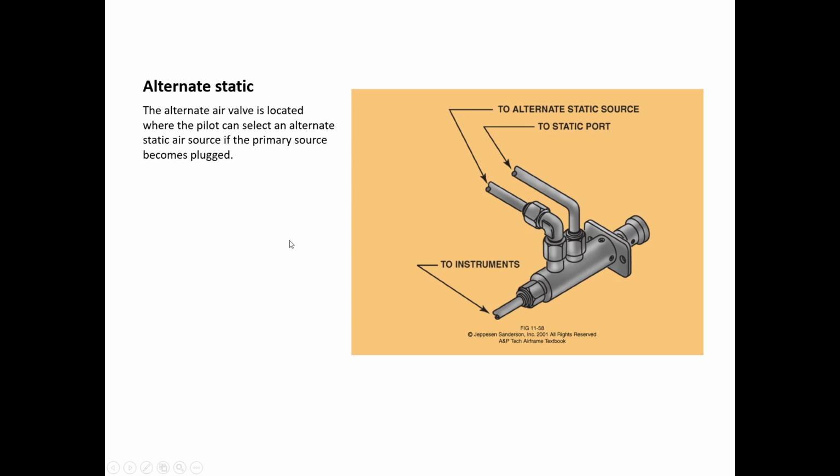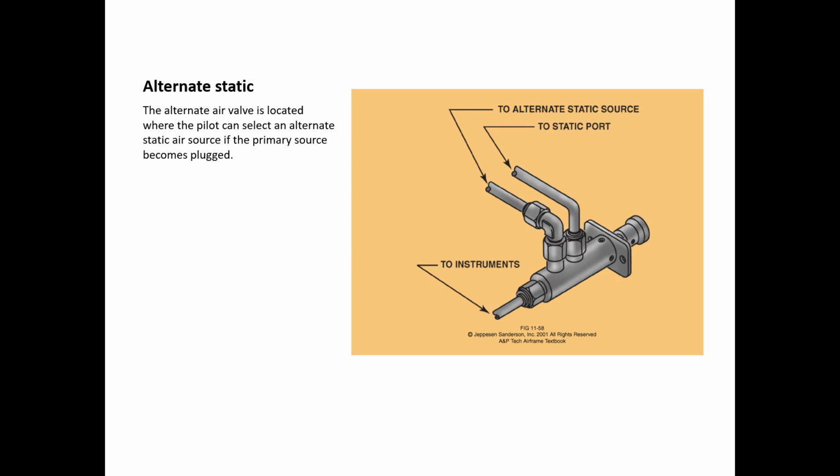An alternate static line, air valve. An alternate air valve is located where the pilot can select an alternate static air source if the primary source becomes plugged. Okay, this is the mechanism inside the flight deck or the cockpit. Usually over on the co-pilot side, on the side wall, where you can actually change if your instruments are acting up, especially your altimeter, which seems to be what they mostly are concerned with.